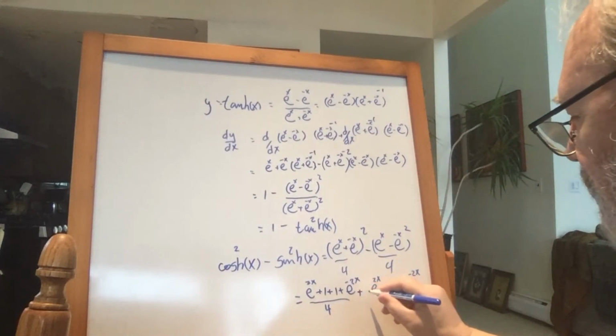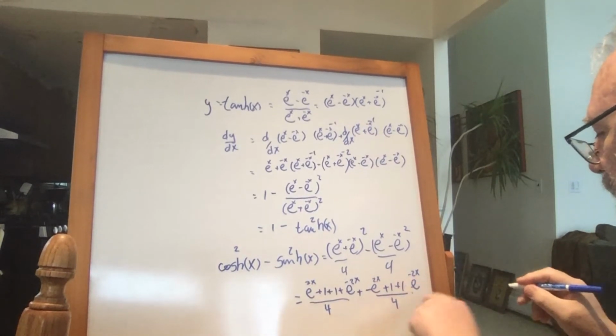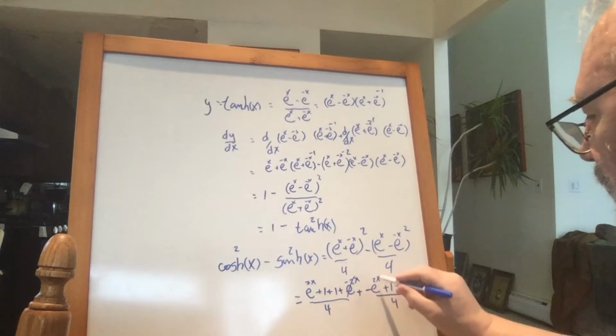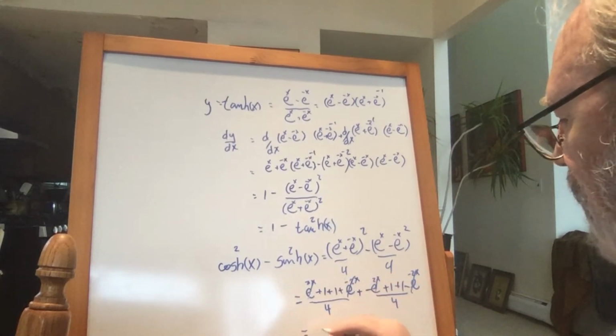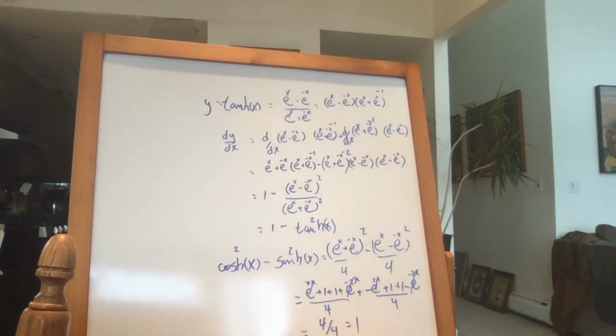So that's negative, positive, and negative. So that cancels with that, and cancels with that. These equal 4 on 4, which equals 1.